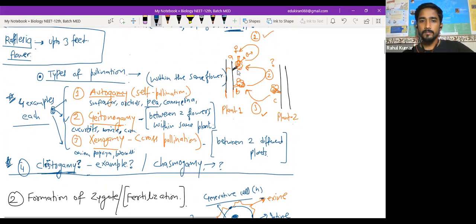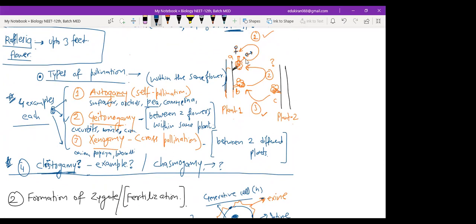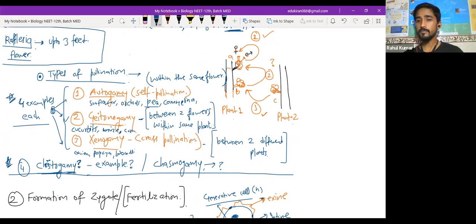So look here, what I have drawn here is a plant. On a plant, there is a flower which I have named as flower A. And this flower is a bisexual flower. It has both. This is the symbol for female, you know it. This is the symbol for male, right? Yes. So it has both female and male structure, so it is a bisexual flower.